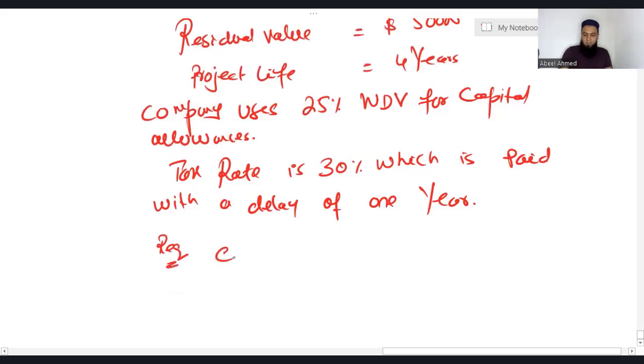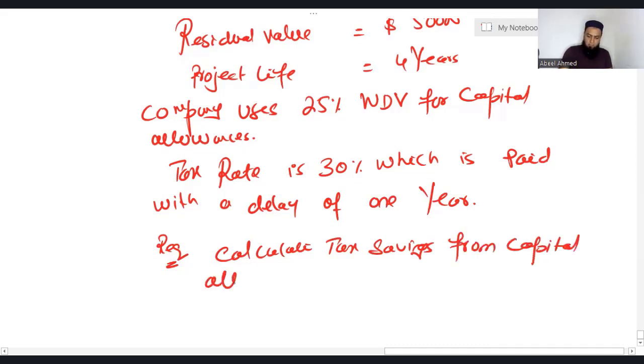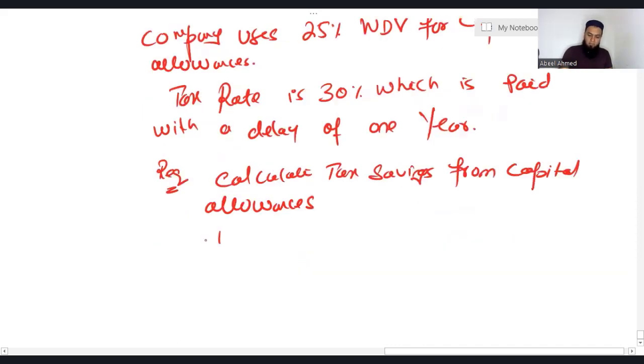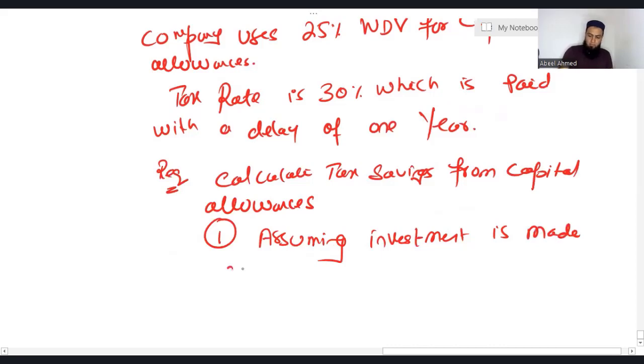Required: calculate tax savings from capital allowances, assuming investment is made at the start of accounting period.